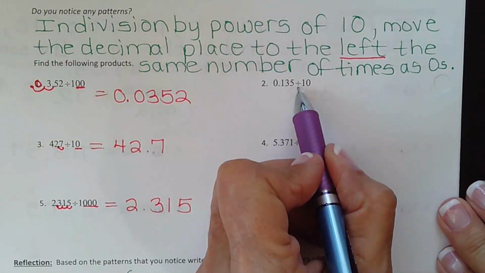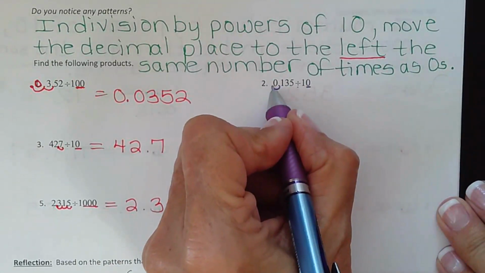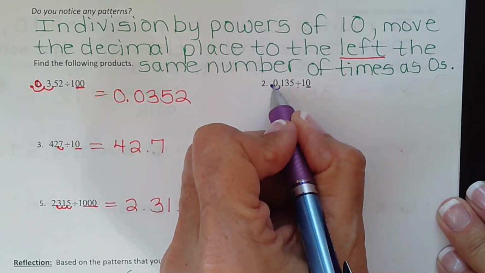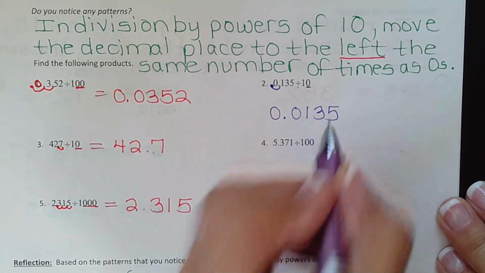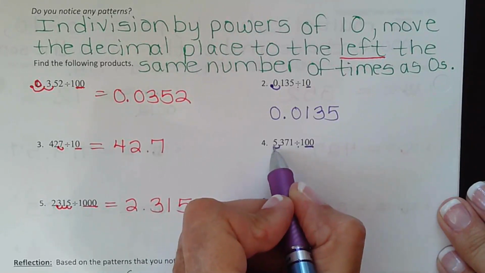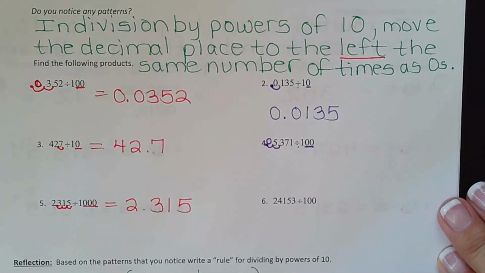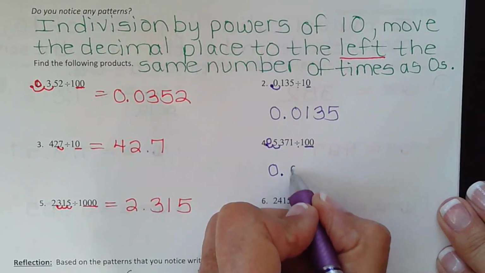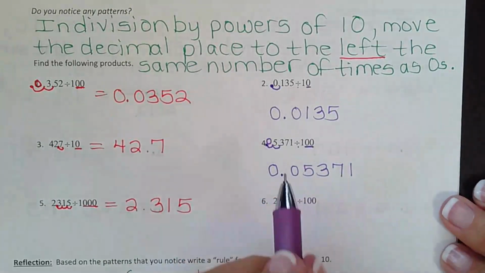Okay, for number 2, division says go left 1 place. So left 1 place puts it in front of the 0, so that'll be 0.0135. Two places left, 1, 2, means add a 0 in front of that, so that will be 0.05371.